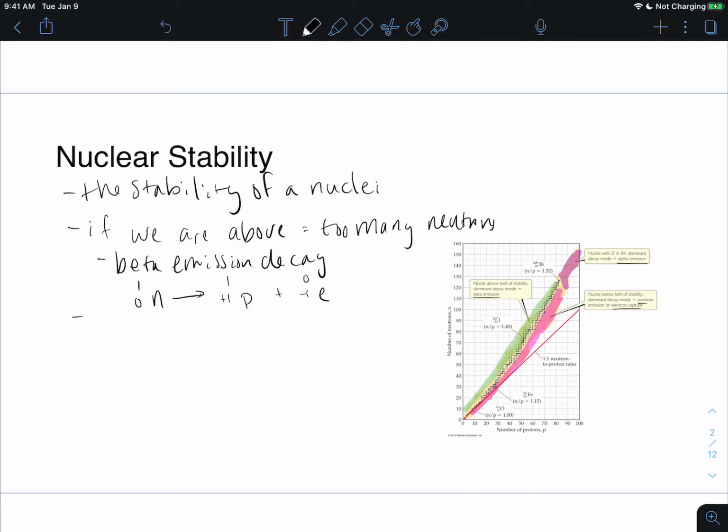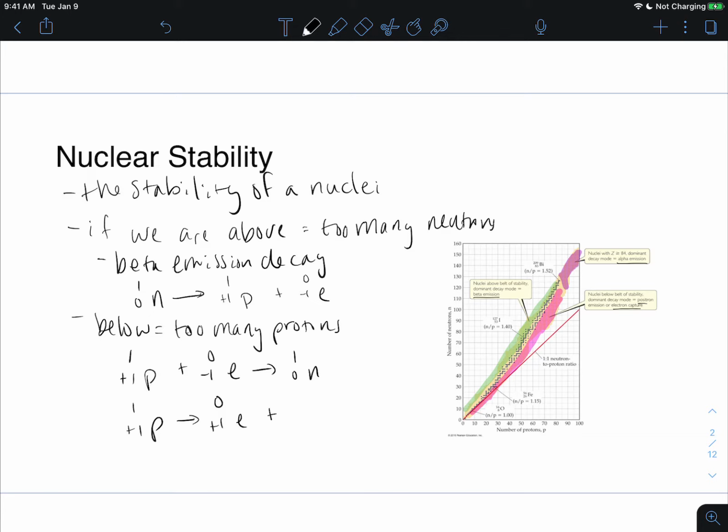If we are below, there are too many protons. So we're going to have either electron capture to produce a neutron, or positron emission to produce a neutron. Either one.